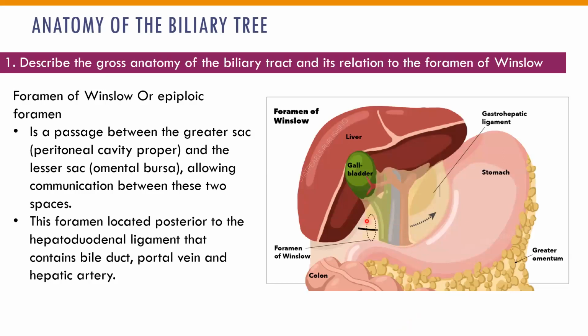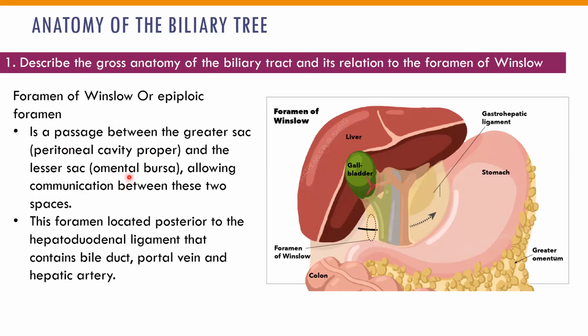Okay, remember I informed you about the relation of the biliary tract and the foramen of Winslow. This is the foramen of Winslow, a passage between the greater sac, the peritoneal cavity proper, and the lesser sac.